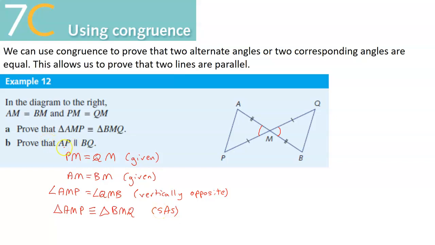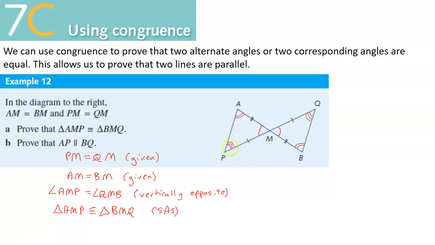So then I need to prove that AP is parallel to BQ. Because I have two congruent triangles, this angle is equal to this angle. Also, this angle is equal to this one. Now I don't need all of this information, just one of them's fine.